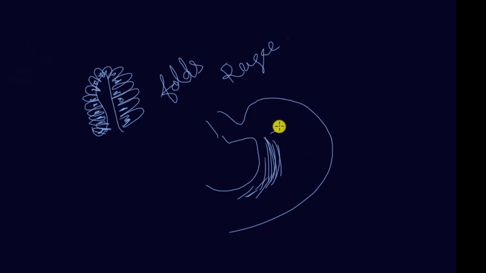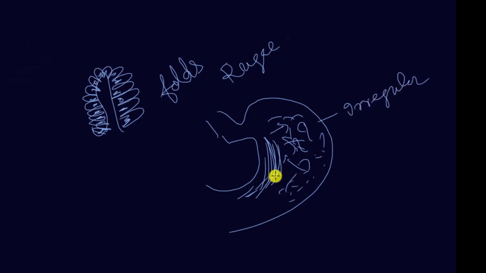But if you go outward, you will find scattered folds. They are numerous folds, and these numerous folds are irregular in nature, but the folds along the lesser curvature are regular and longitudinal.